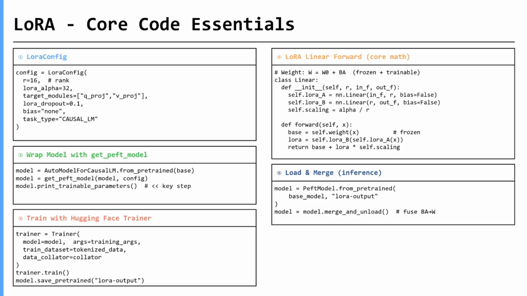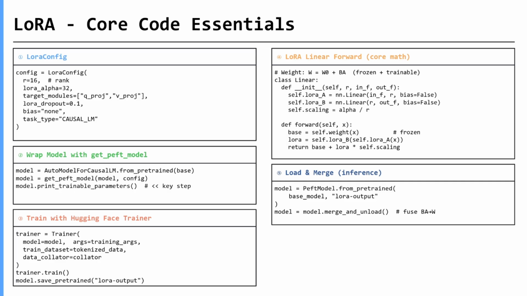For training we need a trainer, and we get it from Hugging Face. Training is completely standard. You create a trainer object with your model, training arguments, tokenized dataset, and data collator. You then call trainer.train, and it runs just like any other fine-tuning job, except behind the scenes only the tiny LoRA matrices are being updated.